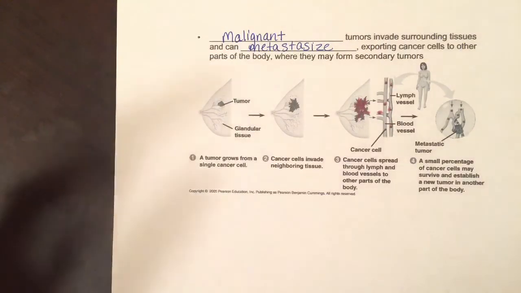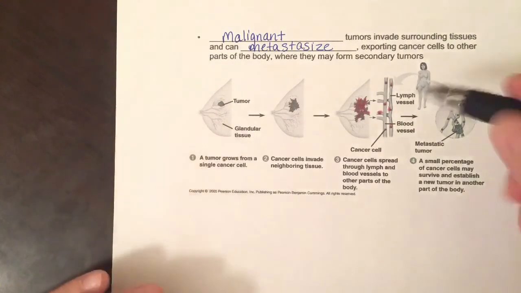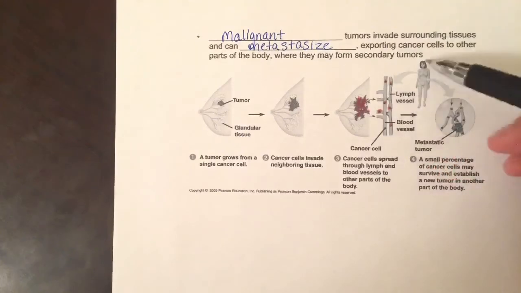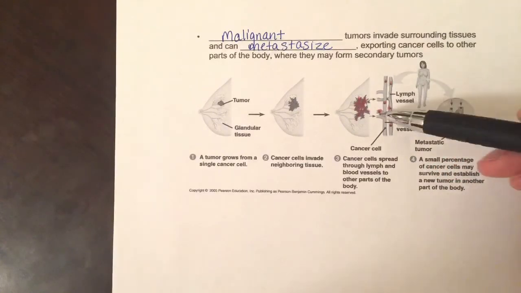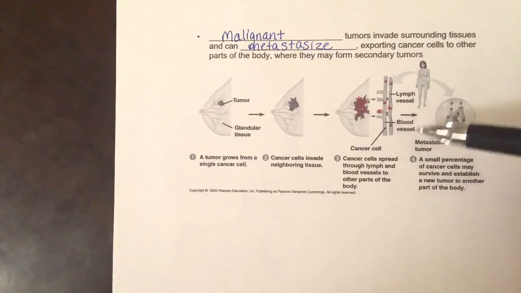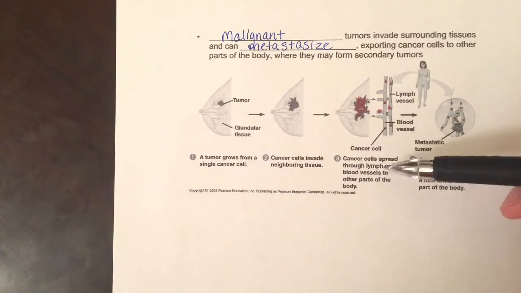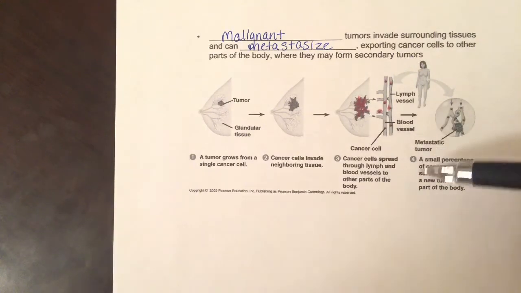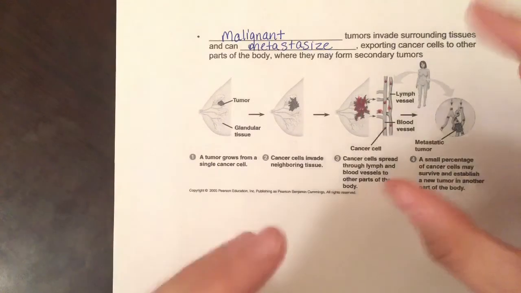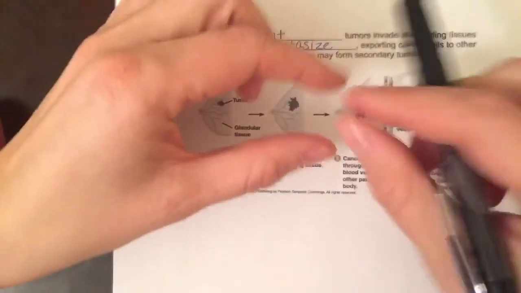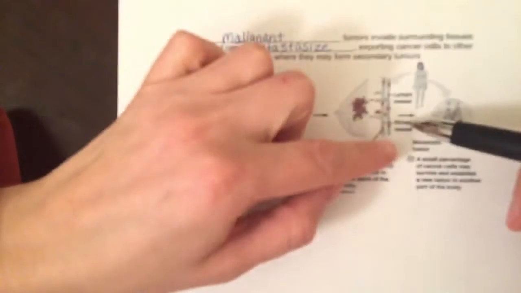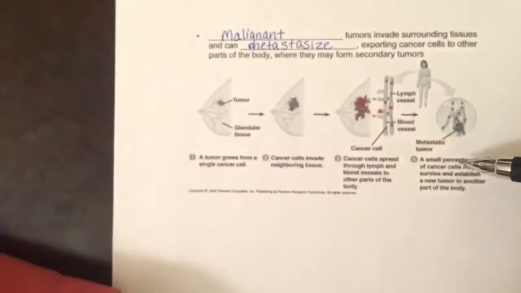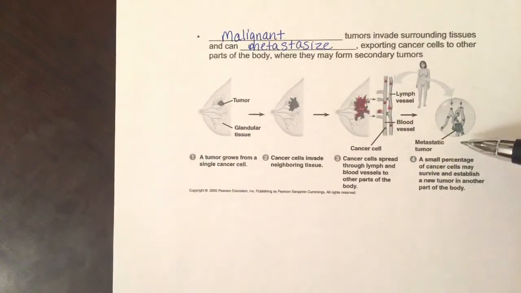And those abnormal cells can be taken throughout your whole body, and then randomly they can leave the blood vessel or leave the lymphatic tissue at another part of your body and attach. So it leaves the bloodstream and attaches somewhere else. It can attach to an organ or something like that.